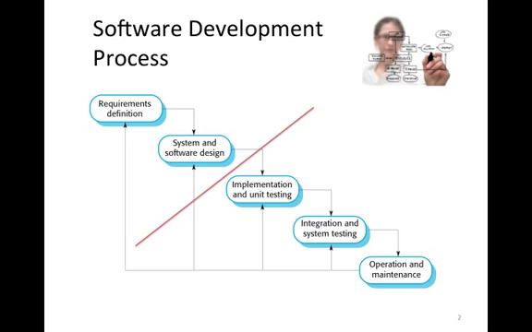And as the class is systems analysis and design, that seems a logical place to spend most of our time. I would like to briefly touch today, though, on the remaining tasks on implementation, integration, testing, at multiple levels, and briefly talking about operations and maintenance.